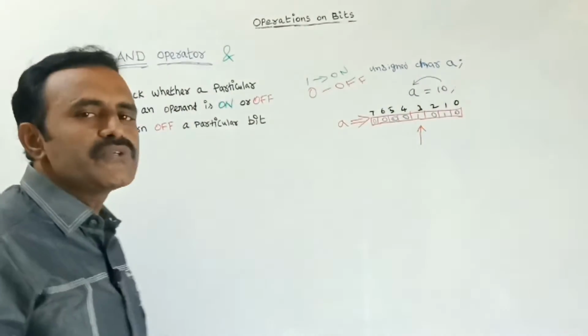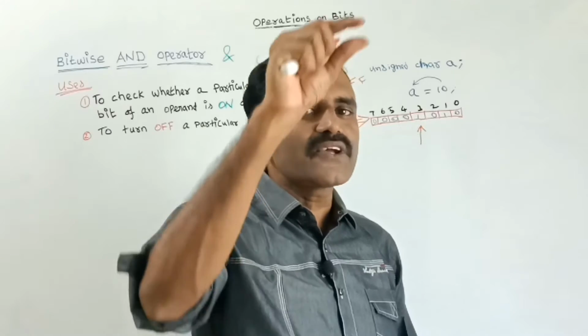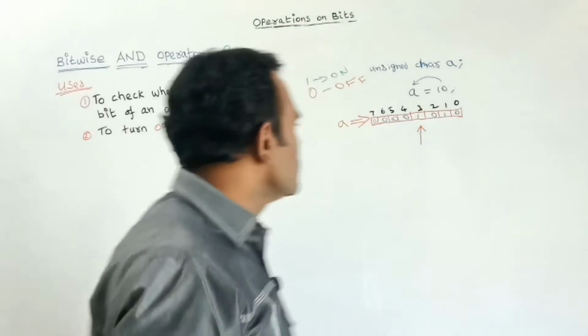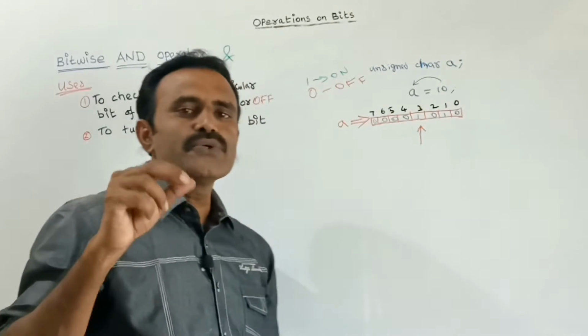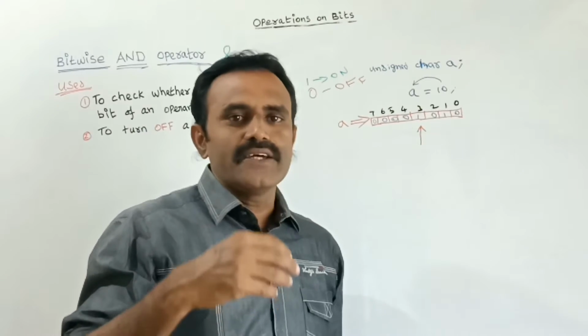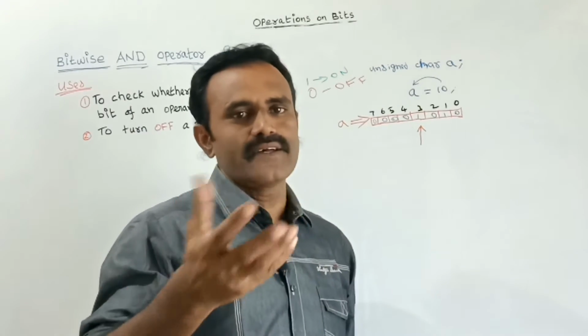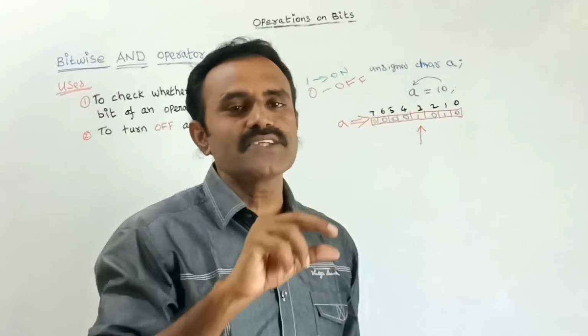For that, we should use the mask value. With the help of this mask value, for that particular bit, we can find whether that bit value is on or off. First of all, what is a mask? A mask is used to specify which bits we need to keep and which bits we need to clear. That is known as the mask value.